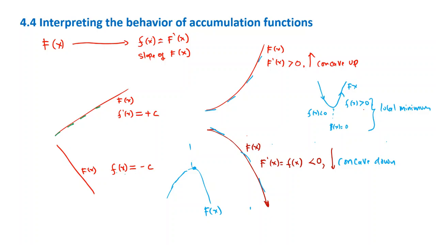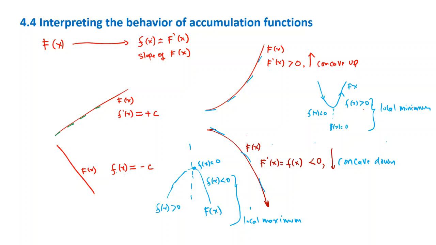Before this point, f(x) goes up, so f'(x) is more than 0. On the right side, f'(x) is less than 0. So it goes from positive to negative, and of course at this point f'(x) equals 0, so it's crossing that point. Under this condition it has a local maximum.